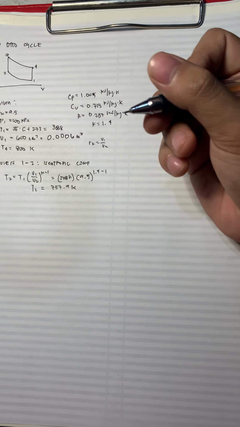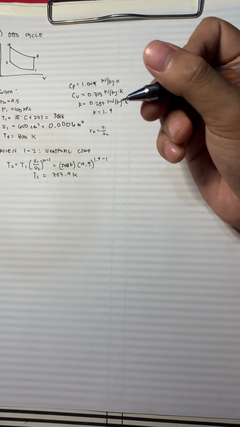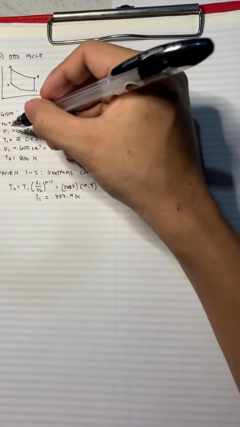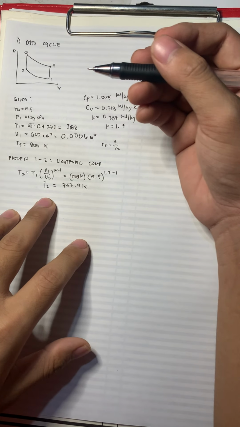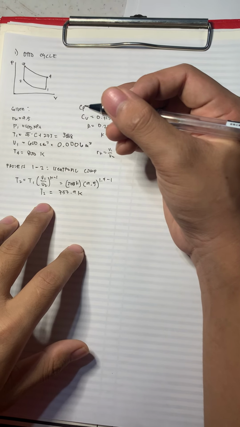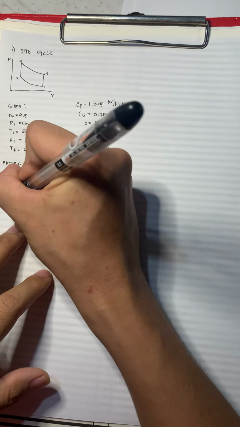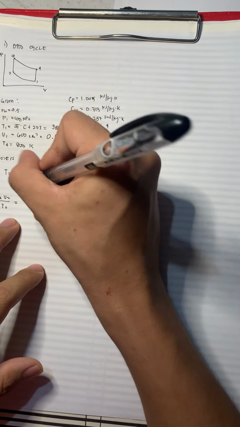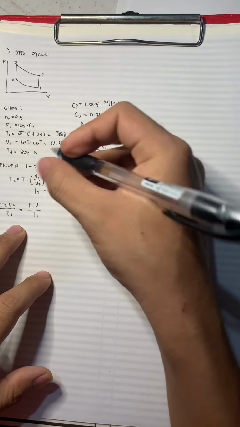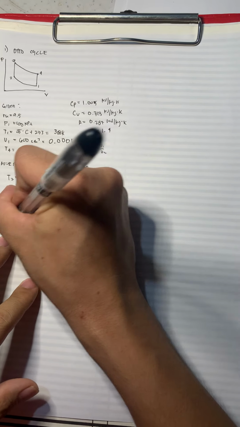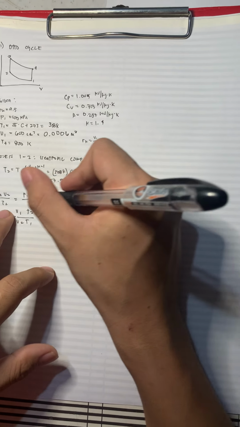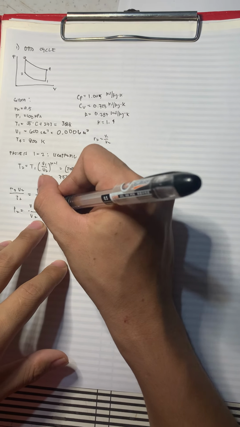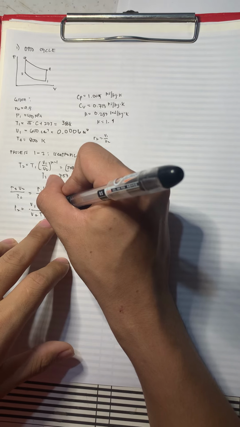Now, since we have P1, T1, and V1, and we got T2, we will use P2 V2 over T2 equals P1 V1 over T1 to get P2. P2 equals V1 over V2, the compression ratio, times T2 over T1, times P1.